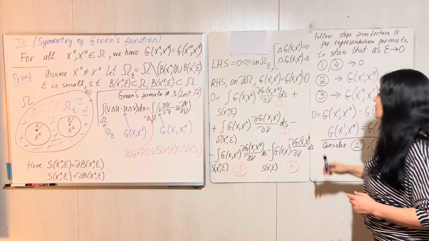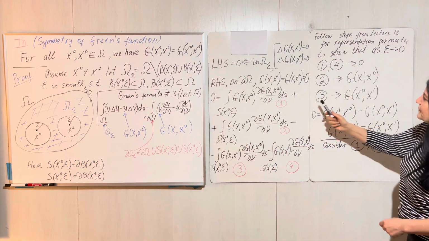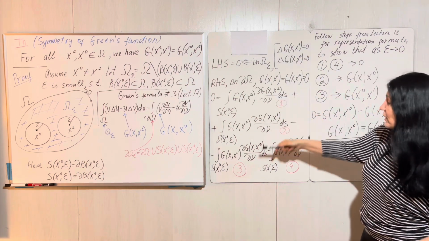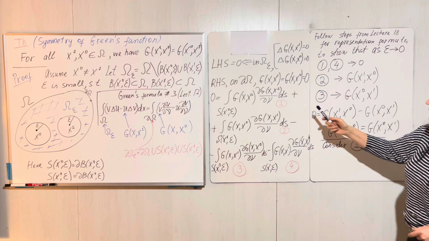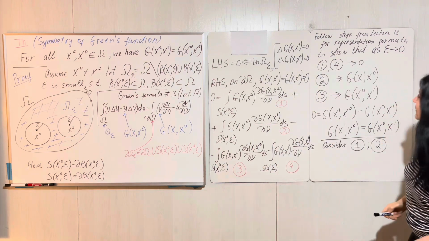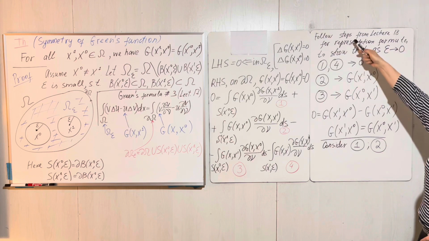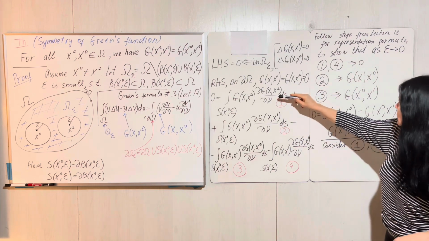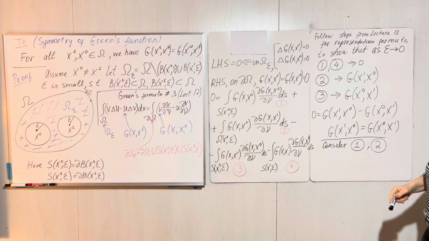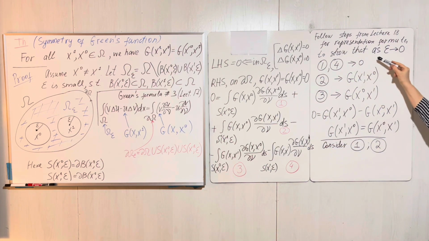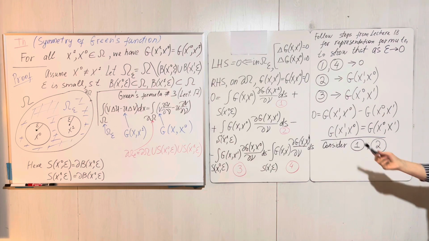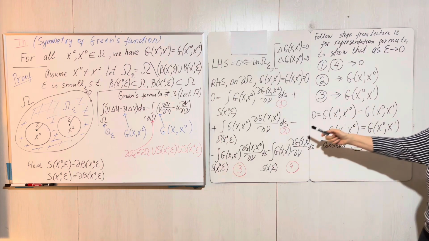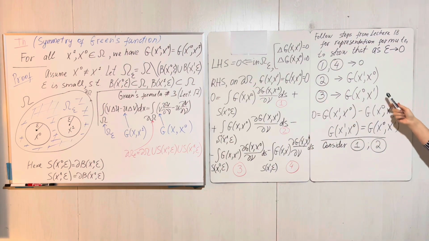When epsilon goes to 0, we can show, I gave these four integrals numbers, 1, 2, 3, 4, that like in lecture 18, integral 1 and integral 4 will go to 0 as epsilon goes to 0, integral 2 will go to g(x1, x0), and integral 3 goes to g(x0, x1).